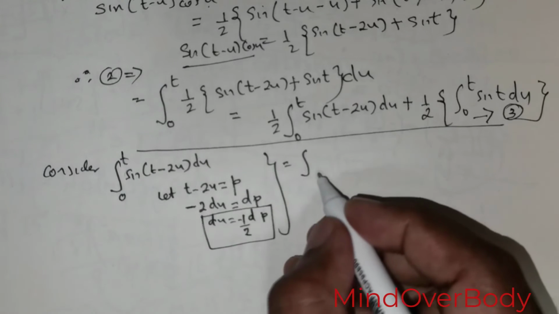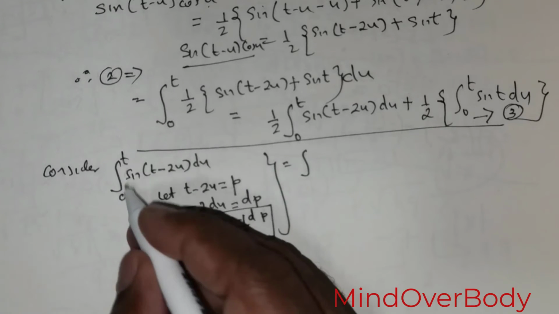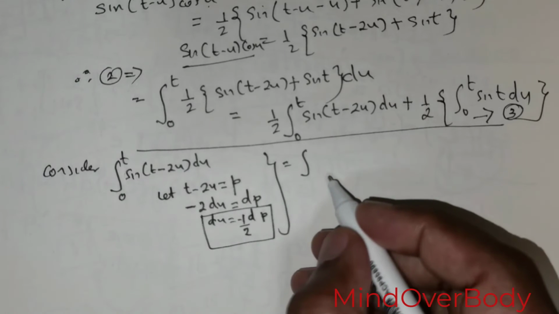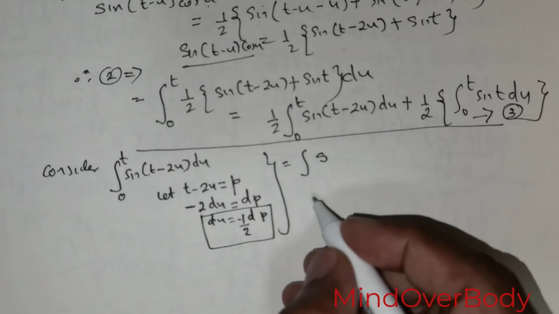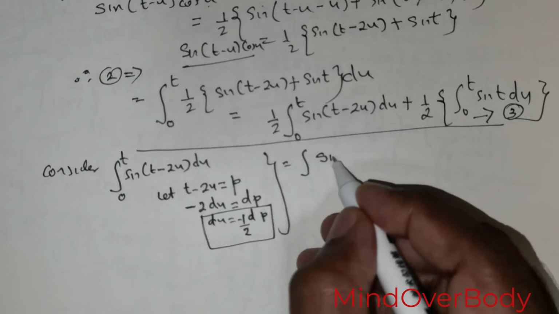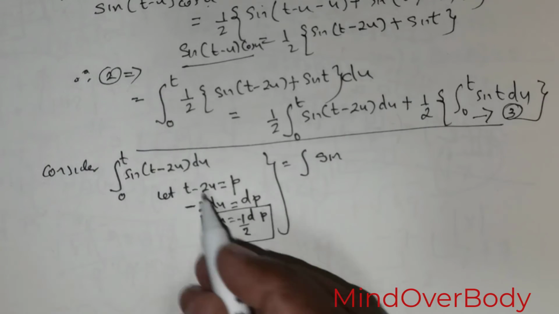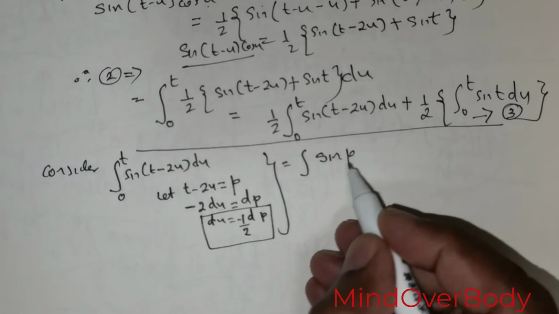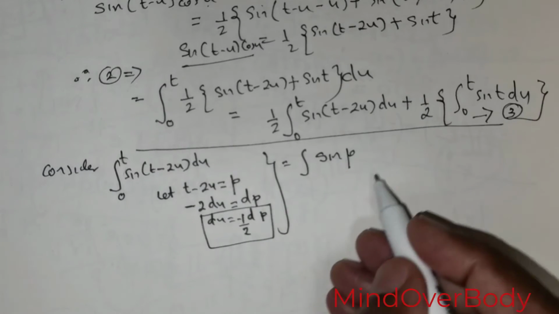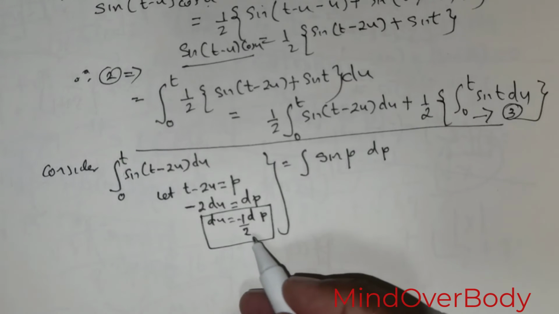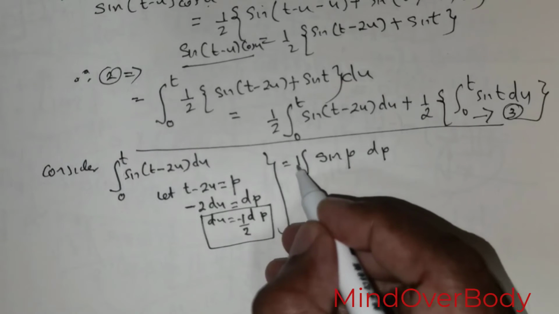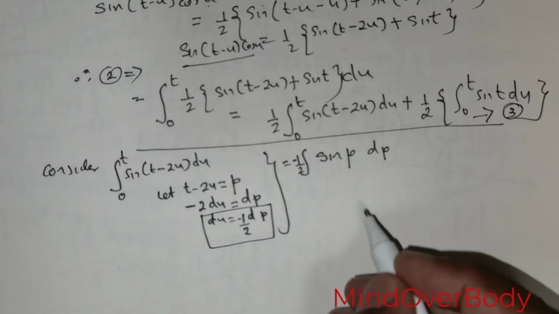So hence this thing integral, I'm not going to touch the integral limits, so let it be like that. So this is going to be sine of t negative 2u, that's going to be p, and du is going to be dp multiplied with 1 over 2 with a negative sign. So place that 1 over 2, place the negative sign.